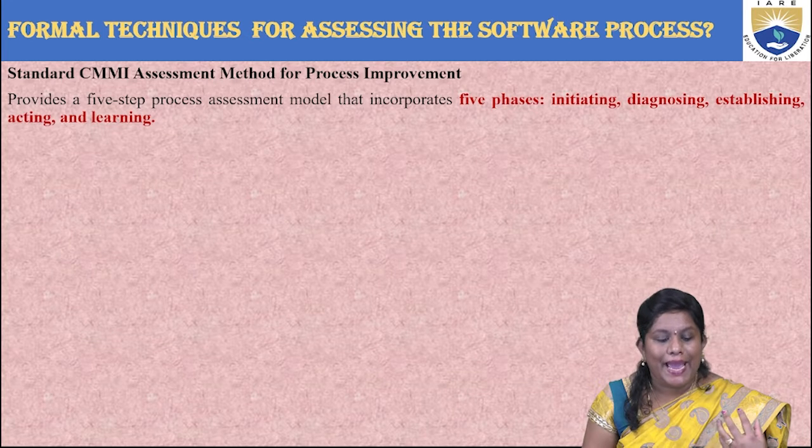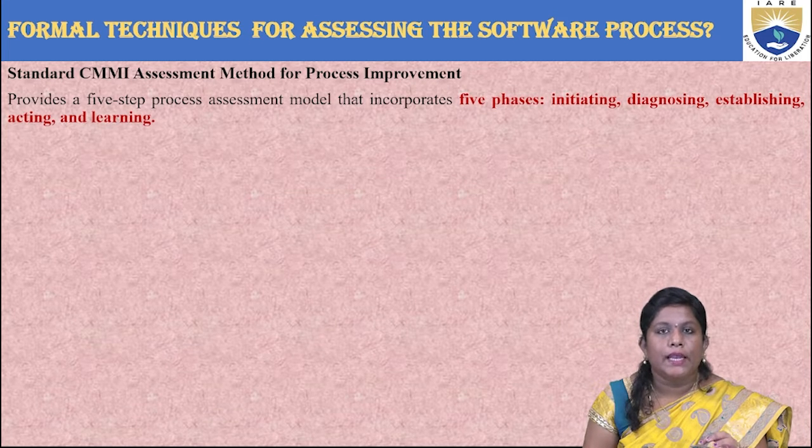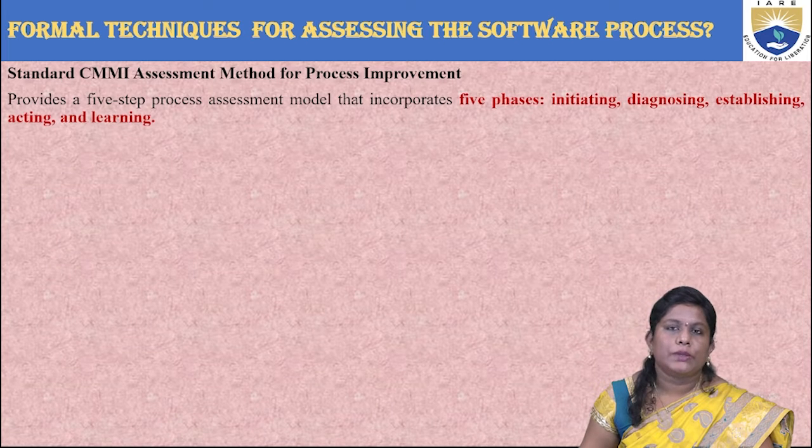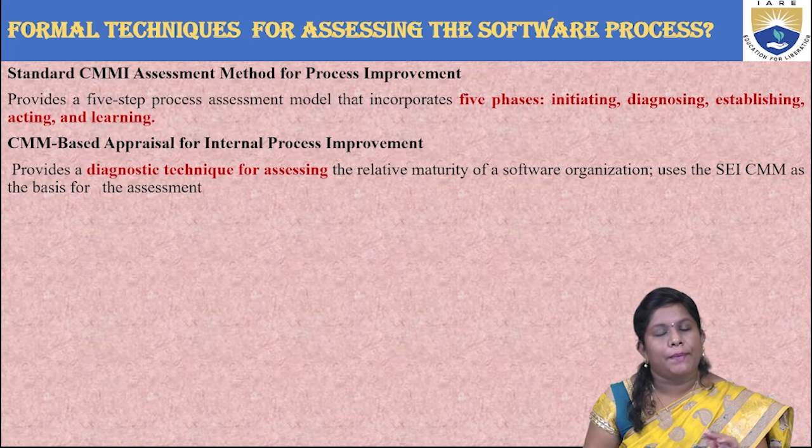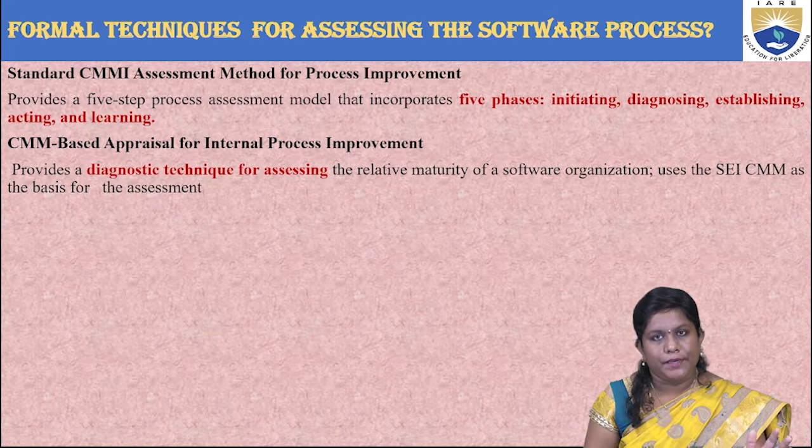Then establishing, meaning getting the better ones out of it, then acting upon those steps, and then learning from them. So these are the 5 phases involved in the standard CMMI assessment.